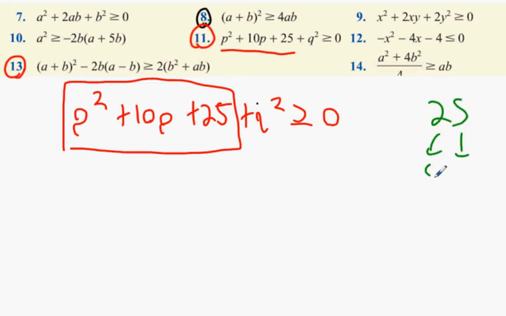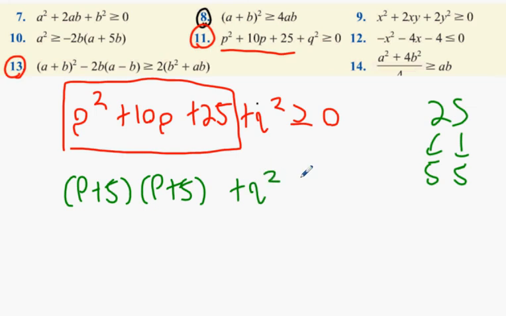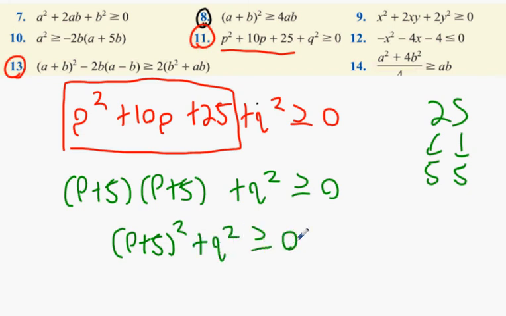Okay, which will turn into p plus 5 by p plus 5. And then there's a q squared there greater than or equal to 0. And then you get p plus 5 squared plus q squared greater than or equal to 0. Everybody alright with that? You can say that's a square, it's bigger than 0. q squared is a square, it's also bigger than 0. So when you add them together, they also have to be bigger than or equal to 0.